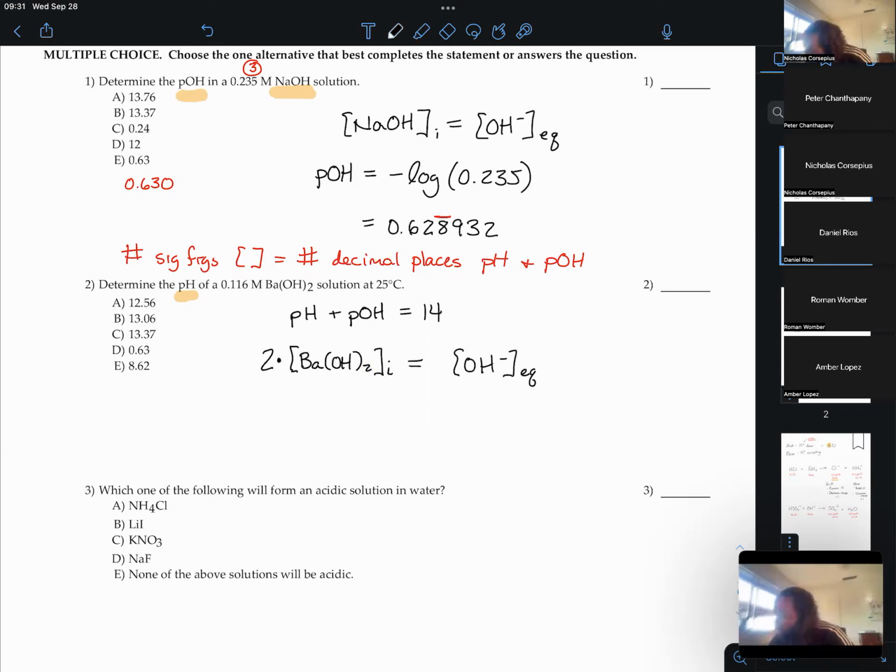So my concentration of OH minus is going to be 2 times 0.116. All right, so that's what I'm going to plug into my negative log formula. My pOH equals the negative log of 2 times 0.116. That gives me a pOH of 0.634512.